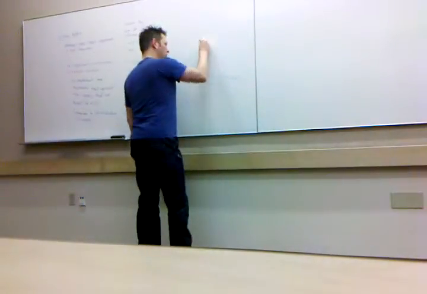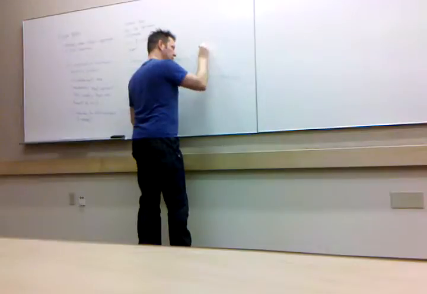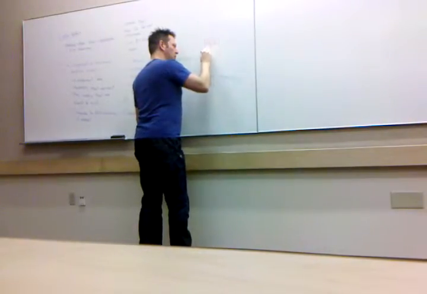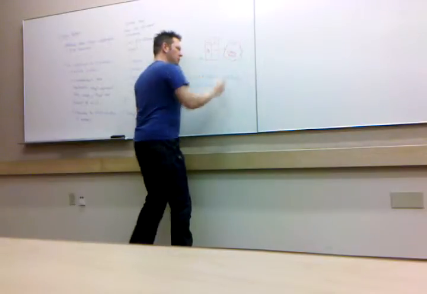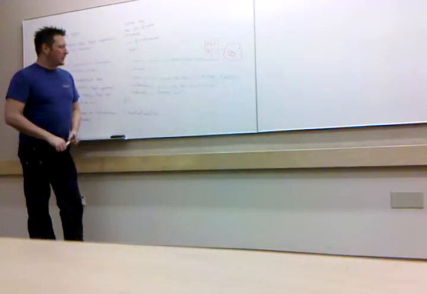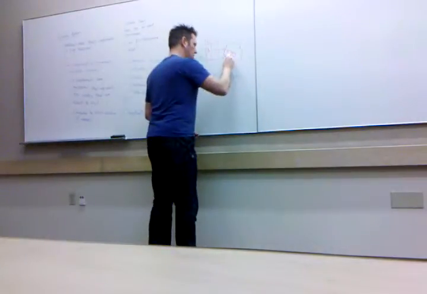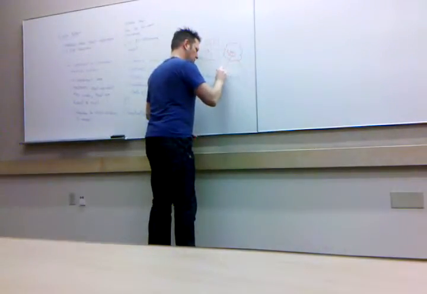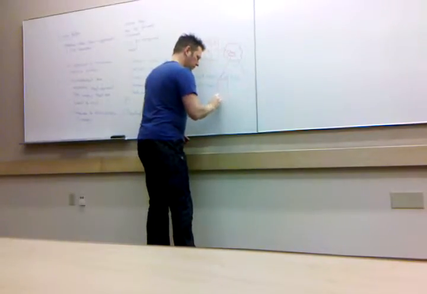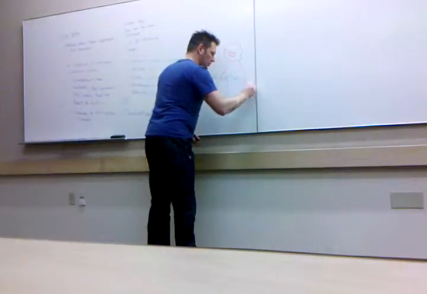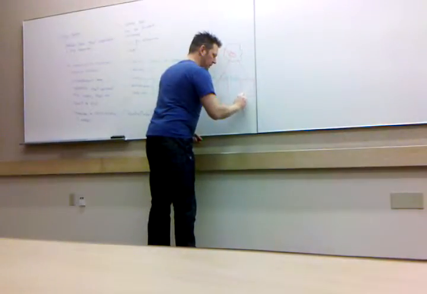Different color here. The global class table looks like this. I don't know, A. There's a class decl. And a class decl has a field table and a method table.